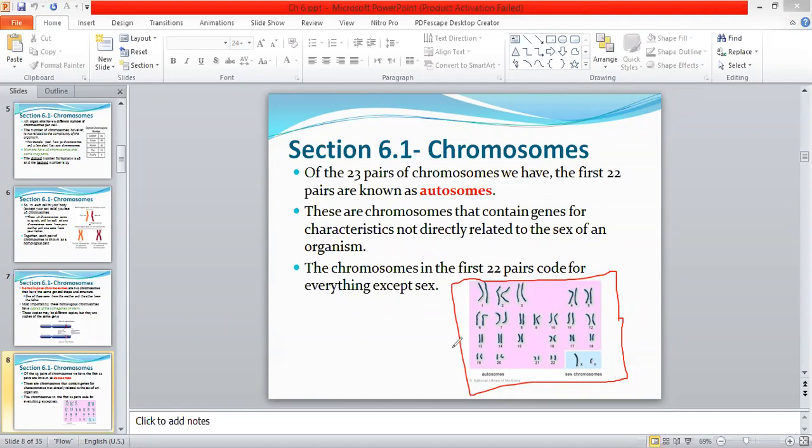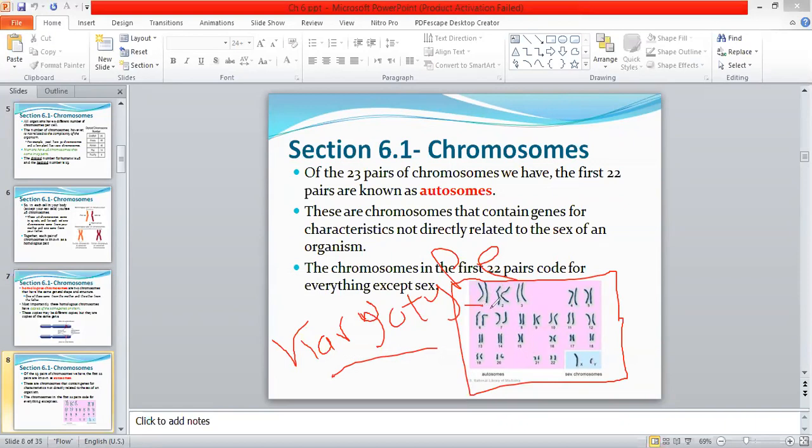What is the meaning of karyotype? Karyotype is the arrangement of the chromosomes in descending order according to their size. Again, karyotype, the arrangement, as you can see, of the chromosomes in descending order from number 1 till number 22 according to the size.